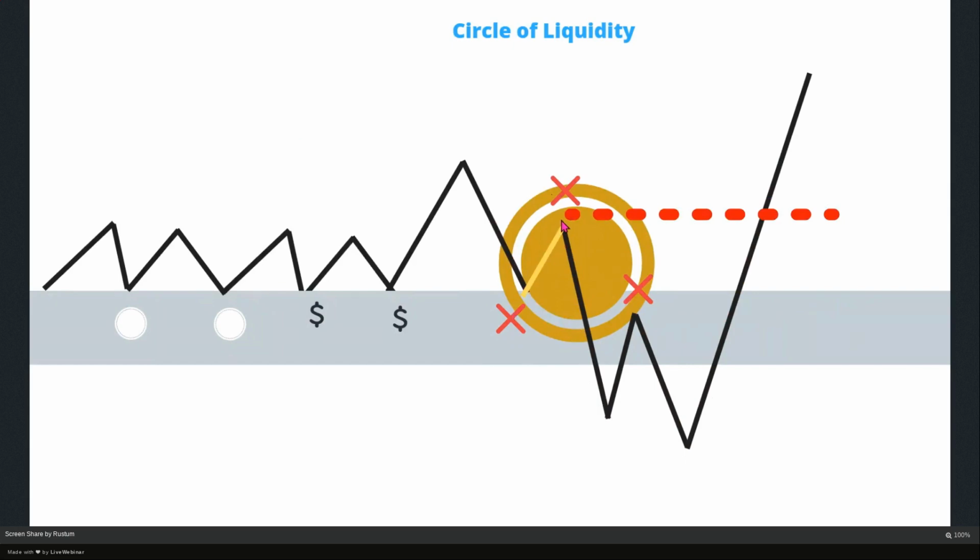There must be the entry cheese, there must be the breakout traders, there must be the retracement traders, and all of their stops must be taken out. Then that is the circle of liquidity entry type. We don't care about the RSI divergence here. We don't care about anything else. All we care about in this entry type is the circle of liquidity.